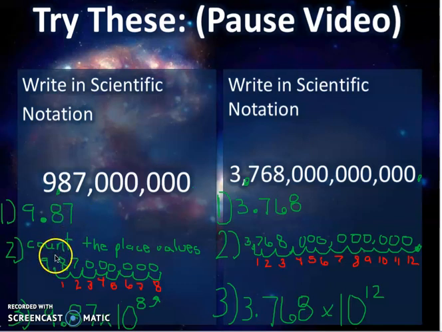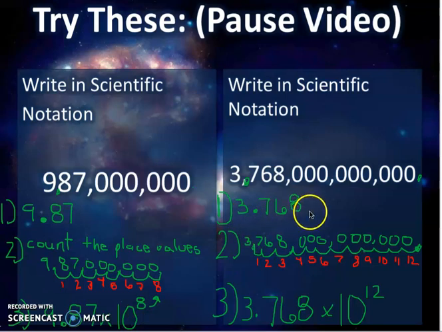I then counted the place values away from my new decimal point to my old decimal point and counted 1, 2, 3, 4, 5, 6, 7, 8. And then I rewrote my answer in scientific notation as 9.87 times 10 to the 8th power.